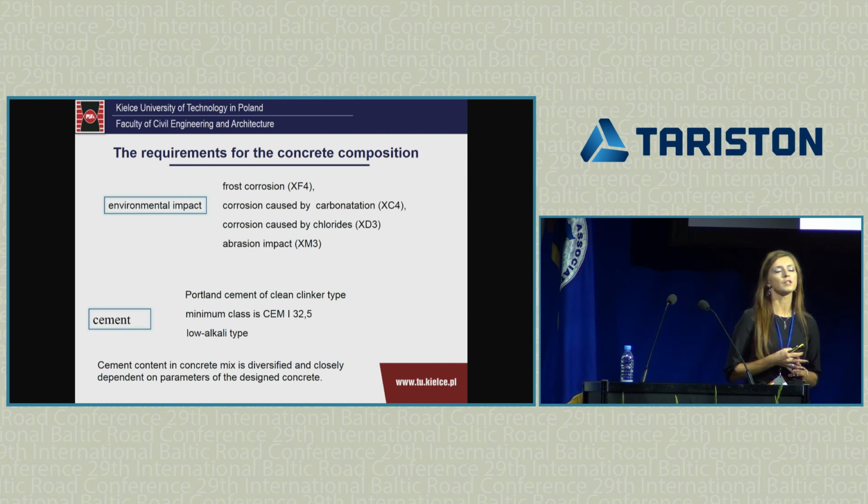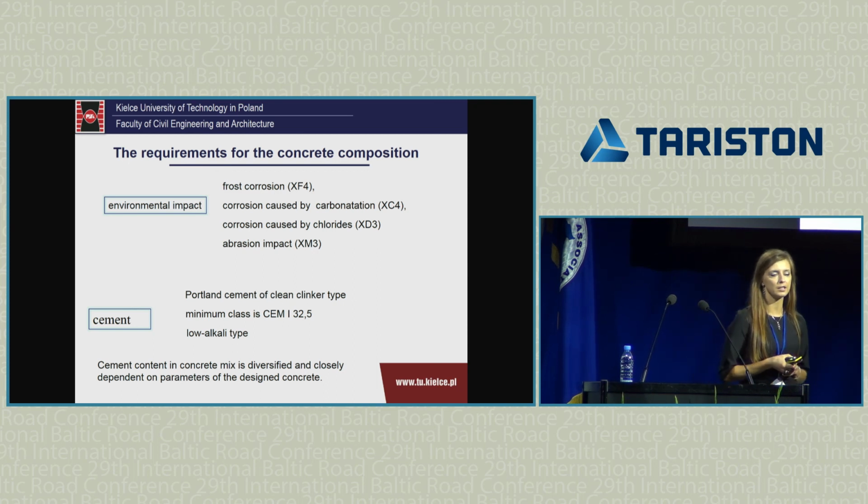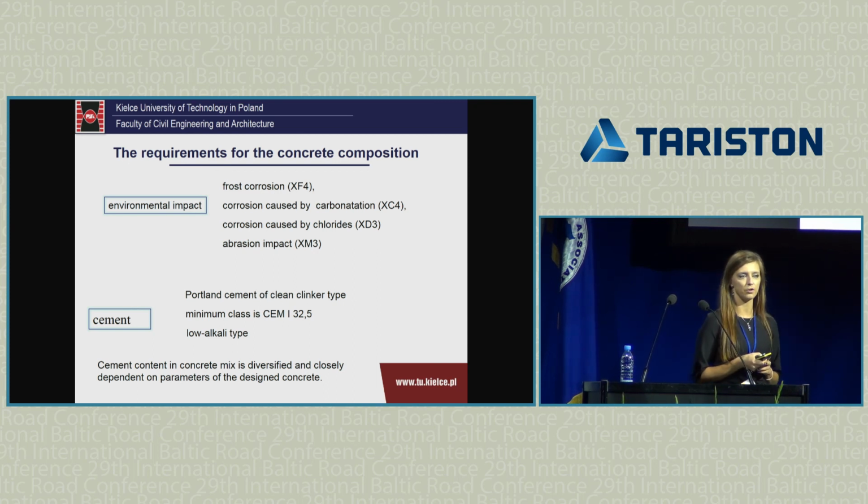Today I would like to talk about two compositions of the concrete mixture. The first is the standard composition intended for concrete airfields according to the Polish standards. And the second is the optimal composition, which has a modified composition.